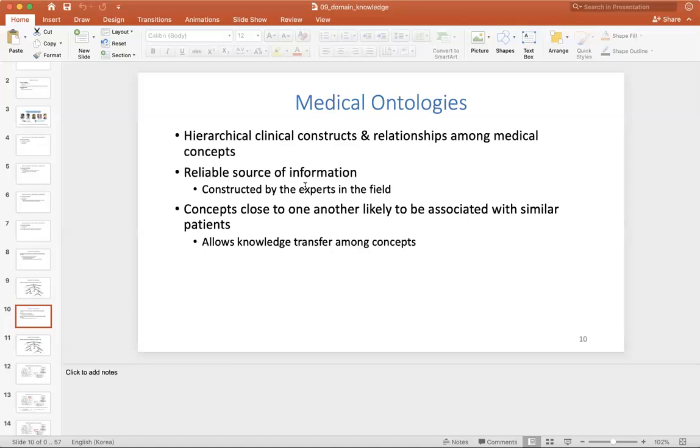ICD-9 disease codes don't necessarily accurately represent the status of the patient because they were developed for billing purposes. Healthcare researchers care about why certain codes were developed or why certain information was recorded in the EHR to begin with, and why you shouldn't rely on certain types of information in the EHR as a machine learning researcher, because they were recorded for some other reason and you want to use that information for another reason.